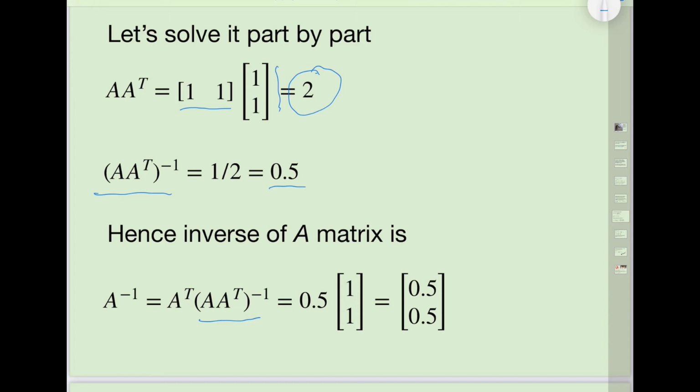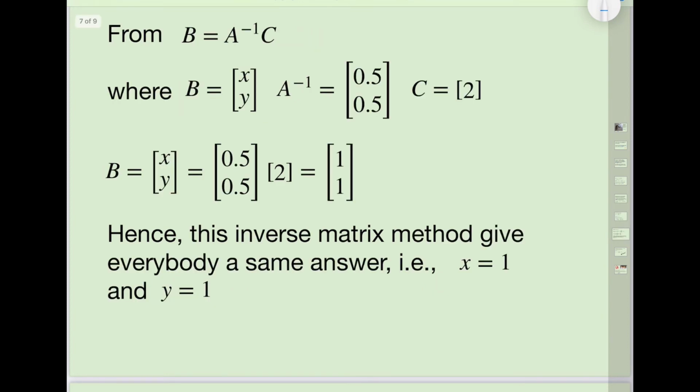So therefore, we are ready to put it together. This is what we found just now, 0.5, and then this is the original matrix transposed. So this is what we get: a single column matrix with two numbers, 0.5 and 0.5. So let's continue.